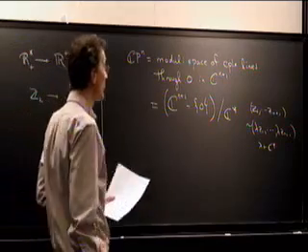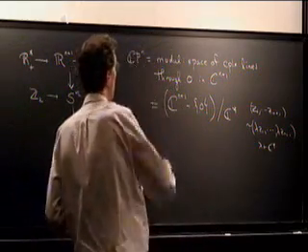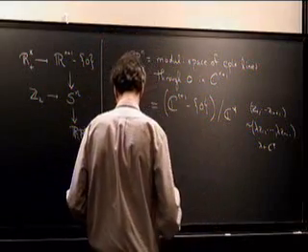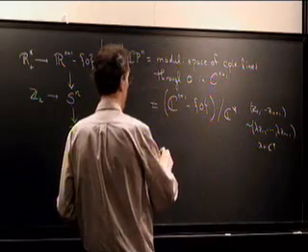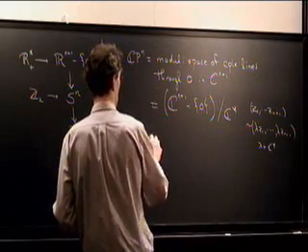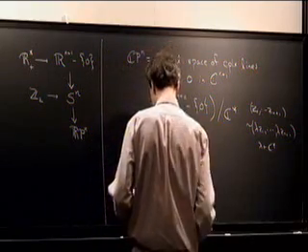Good. So now every line is spanned by a unit vector, where we put the natural Hermitian metric on C^(n+1). And so the unit vectors form S^(2n+1).